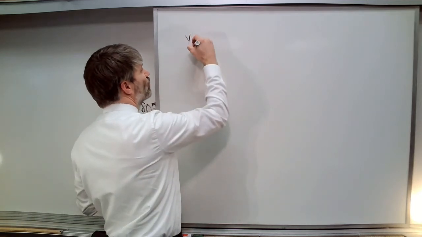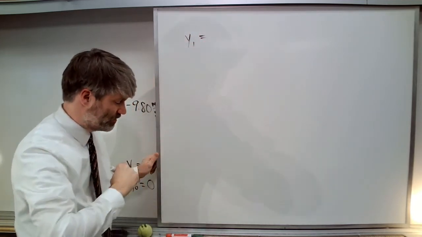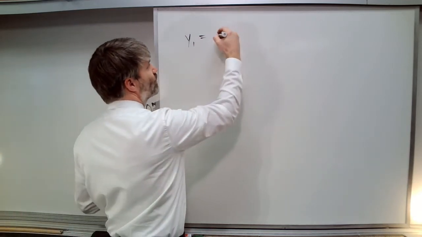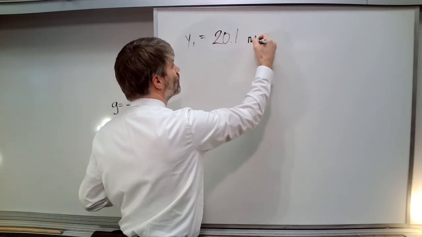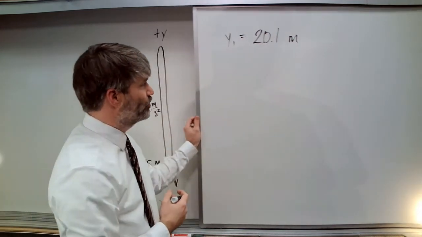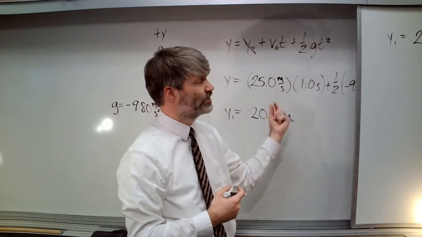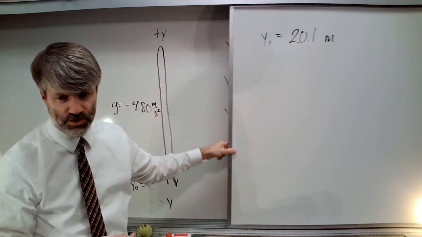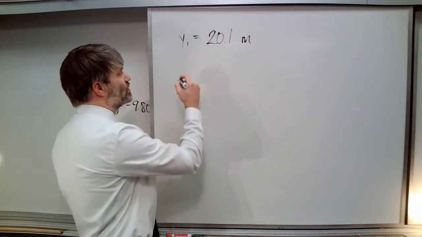So y1 at 1 second is going to be 20.1 meters. To find the others, we're just going to put 2 seconds in for t, do that calculation, then put 3 seconds in for t, do that calculation, and we will get some answers like so.